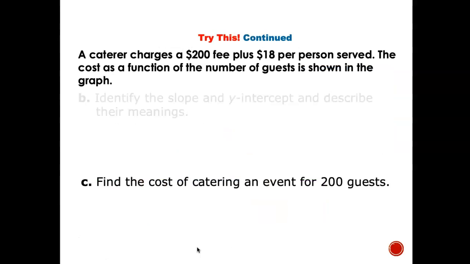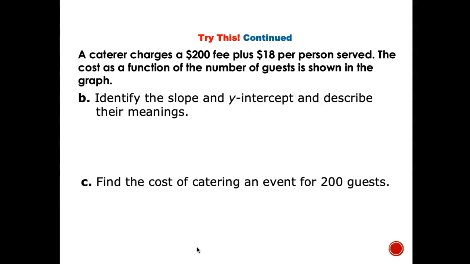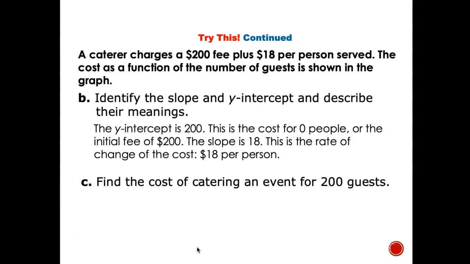Once again, let's identify the slope and y-intercept. The y-intercept is the initial value, which is $200, and then the slope is 18. Now let's solve the problem. What if there are 200 guests? How much do you need to pay the catering service company? Let's use the equation that we created, and plug in 200 to x.